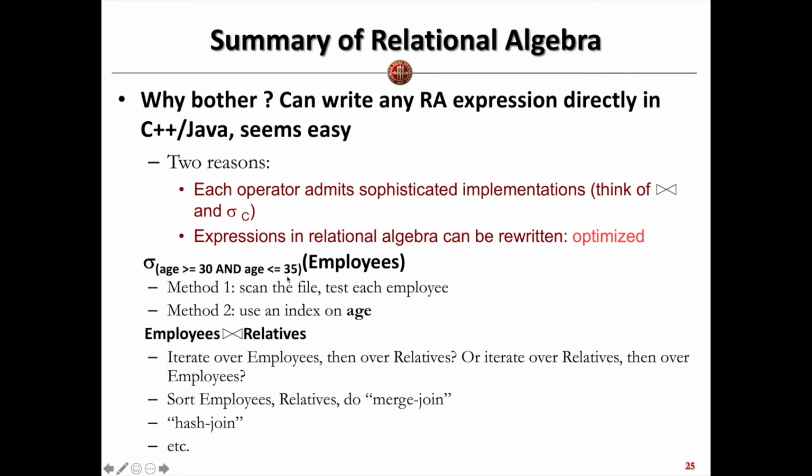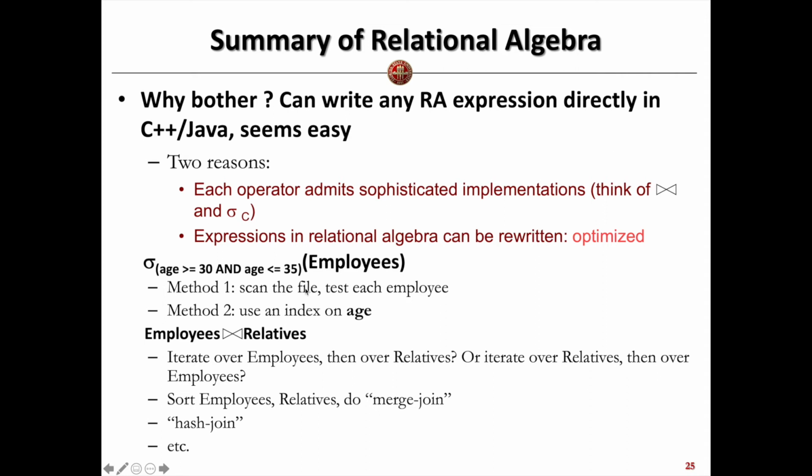You can imagine if you write code in C++ or Java to implement this query, how will you do it? What you will do is scan the whole file, test each employee in this instance, and compare the age of the instances against the range we provided, right? You can imagine how many lines of code you need to write for this very simple query.